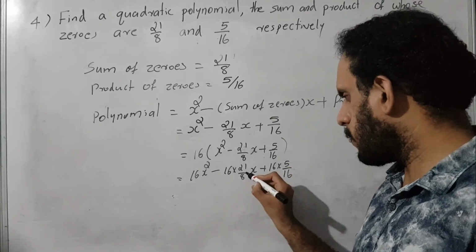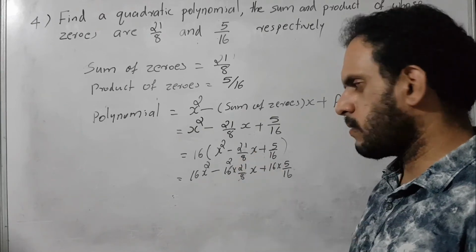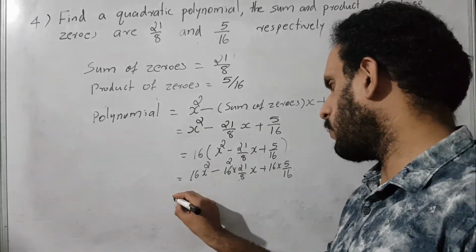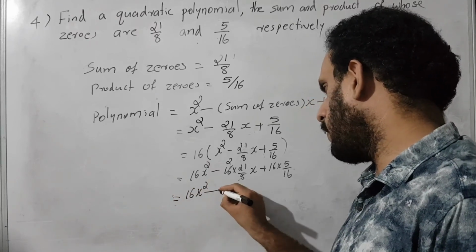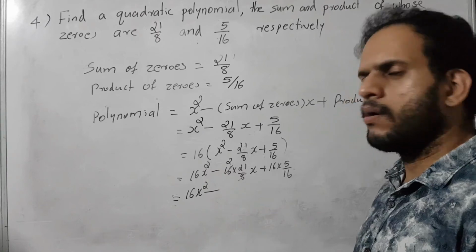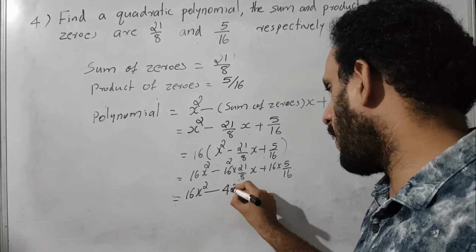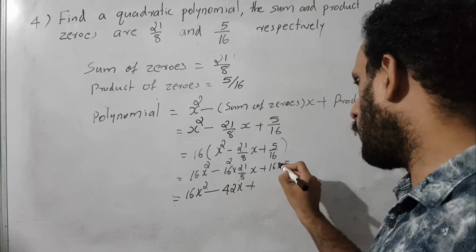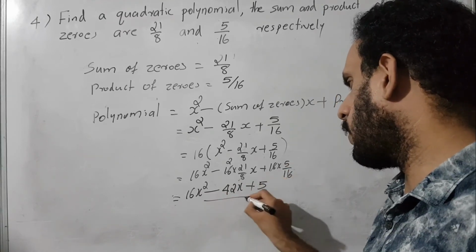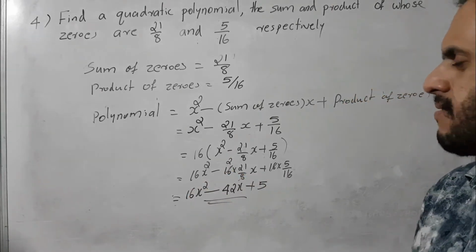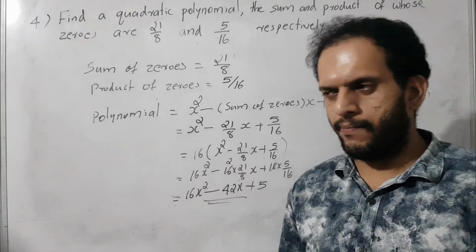Here it is possible to reduce 8 and 16. How many times? 2 times. Correct? Then is equal to 16x square minus 2 into 21, 2 into 21 is 42, 42x plus we cancel 16 and 16. What is remaining? 5. So the quadratic polynomial is 16x square minus 42x plus 5.